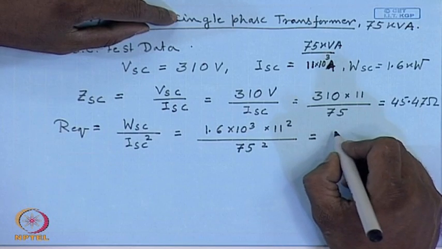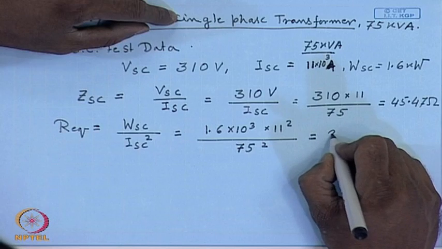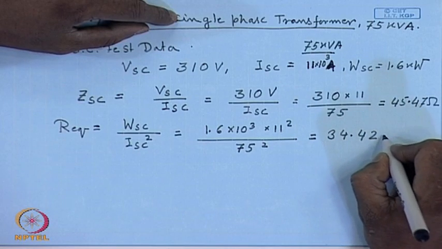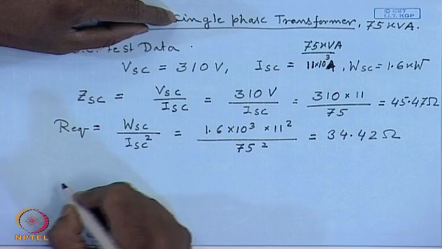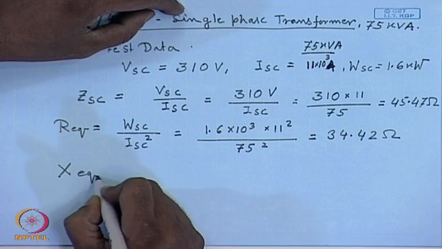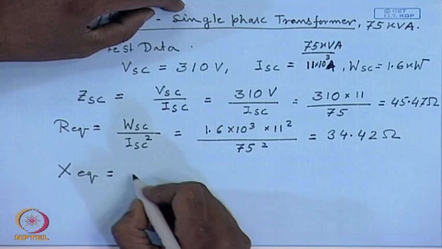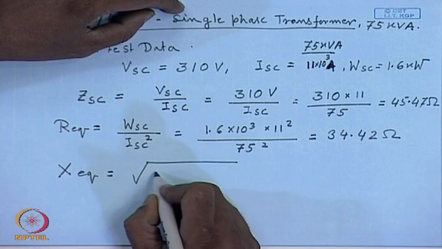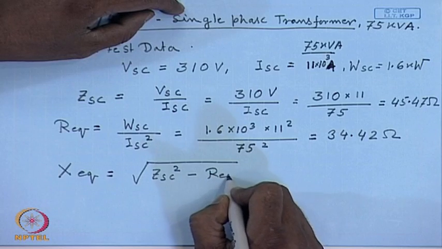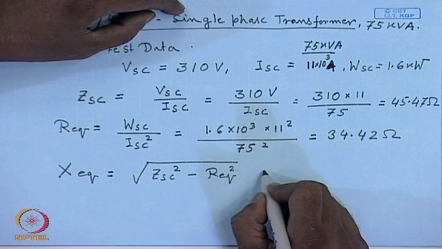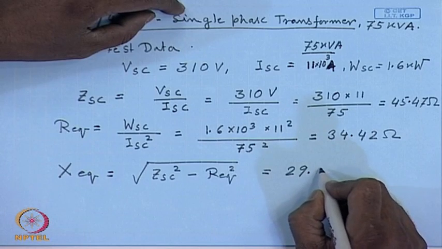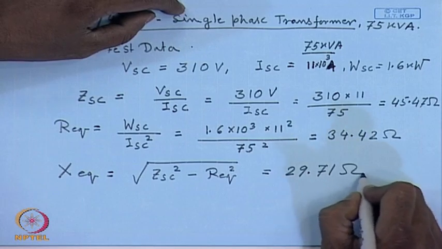This comes to 34.42 ohm. Xeq equal to square root of ZSC square minus Req square and comes to 29.71 ohm.